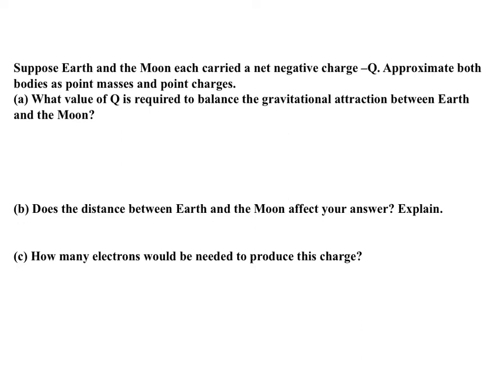Now we're going to compare gravitational forces to electric forces here. So suppose the Earth and the Moon each carried a net negative charge, call it minus Q. And we'll pretend that they're just huge point particles, all right? And let's remember the gravitational force is Newton's law for gravity.